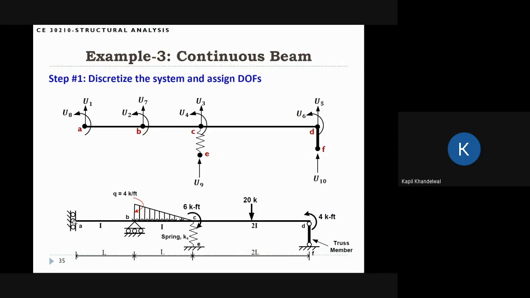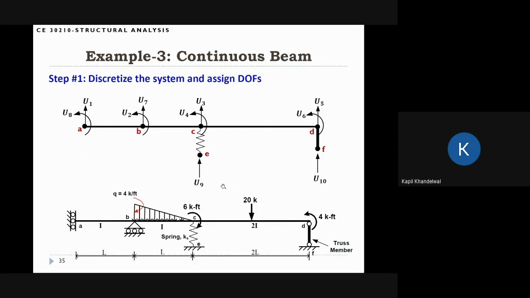So vertical displacement here is free. The second free degree of freedom is the rotation here, so U2. And then U3 and U4 are free. So these are the degrees of freedom at C. And then U5 and U6 are the 2 free degrees of freedom at this node here. So these are the 6 free degrees of freedom.